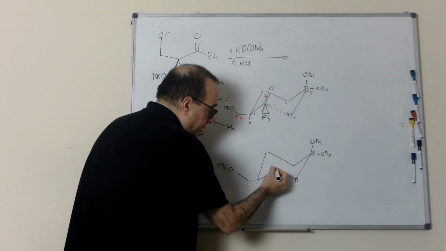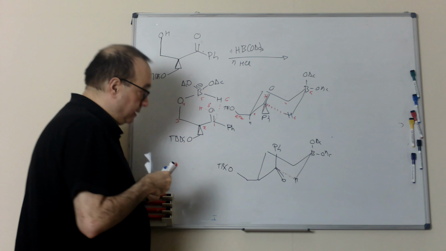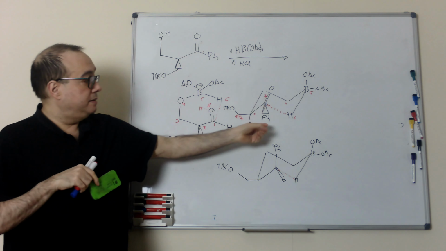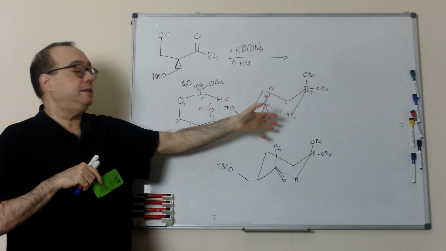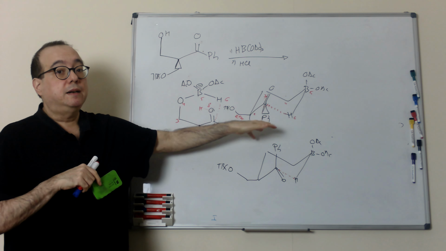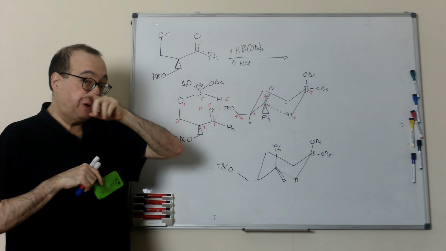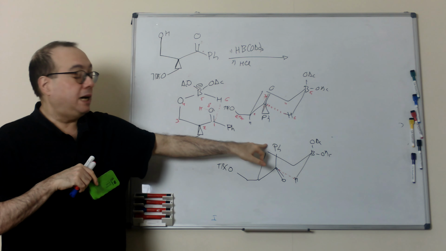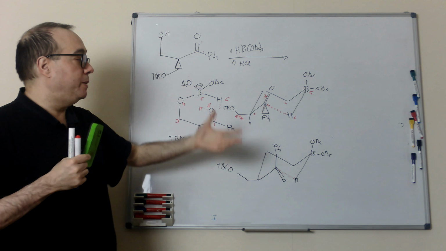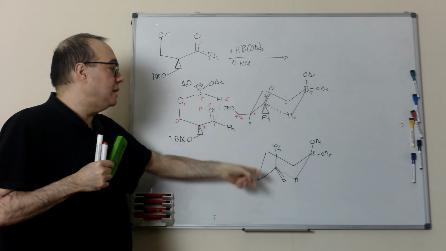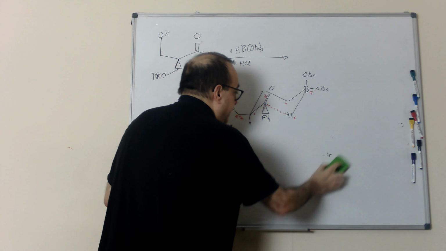O could be going down, and then the phenyl is going up. Now we analyze these two transition states. In this case, the phenyl more or less occupies an equatorial position, while in this case, the phenyl more or less occupies an axial position. That means this transition state will be more stable than this transition state. For this reason, we take this transition state.